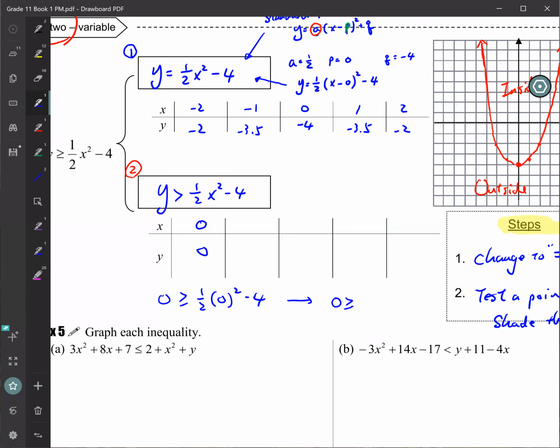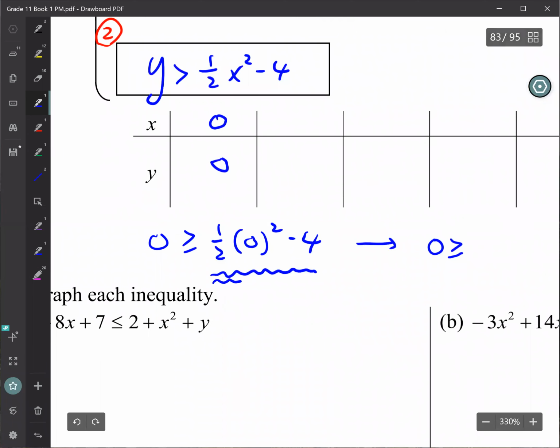Well, you calculate the right side here. Half of 0 squared is just 0, and then 0 minus 4 is negative 4. 0 take away 4 should be negative.